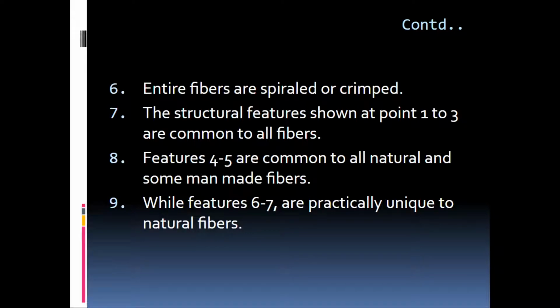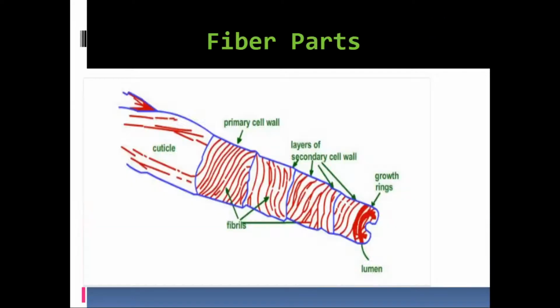The structural features shown at points 1 to 3 are common to all fibers, whereas features 4 to 5 are common to all natural and some man-made fibers, while features 6 and 7 are practically unique to natural fibers.